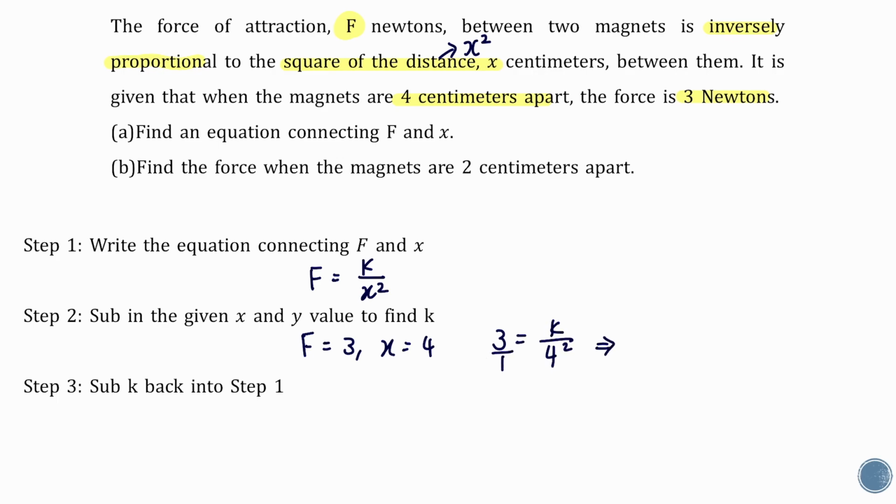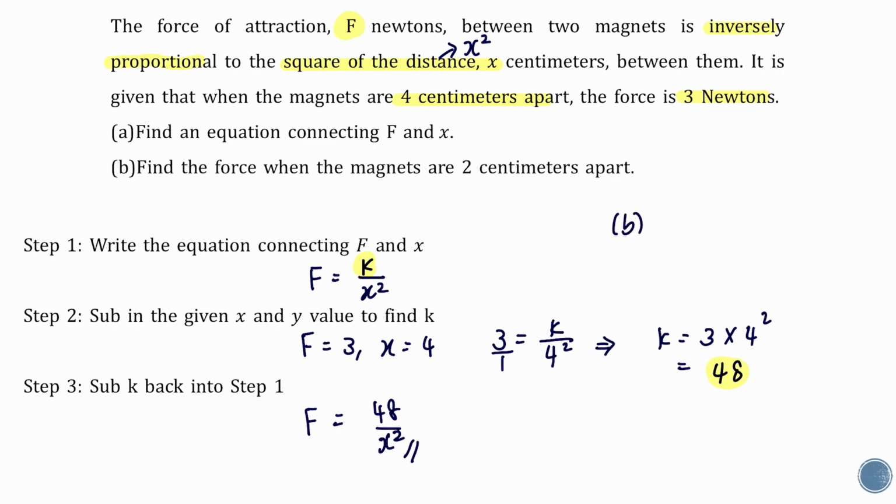If you remember to cross multiply, k will be 3 times 4 squared, which is 48. Then step 3 will be substituting the k, which we found here, back into the first equation. So F is equal to 48 over x squared. This will be the equation connecting F and x.